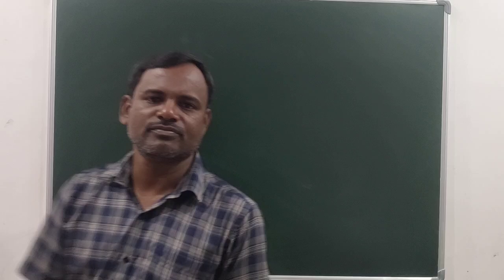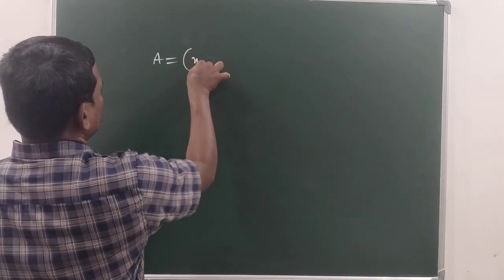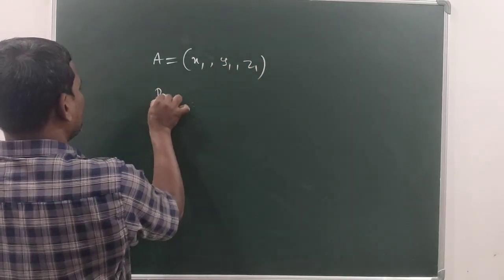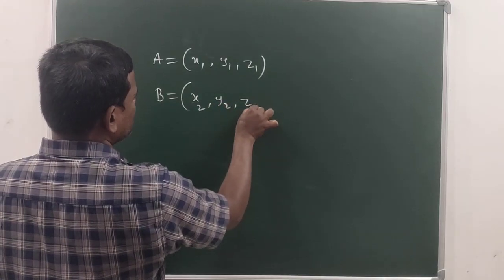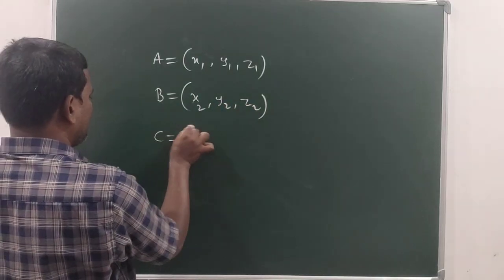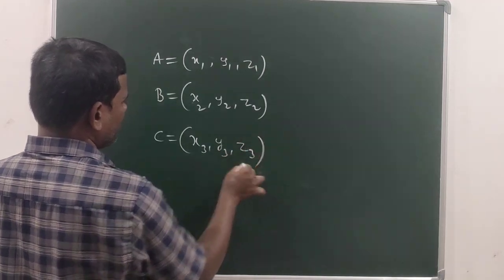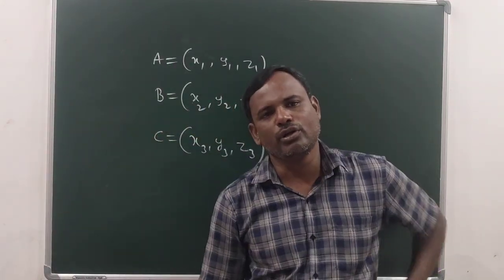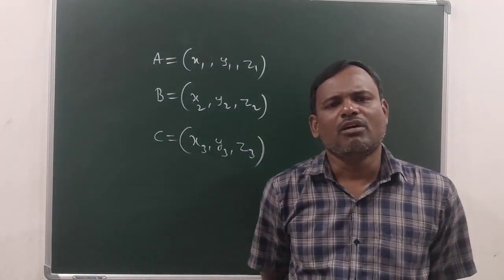How do you say? 3 points are given, like A, whose coordinates x1, y1, z1, and B coordinates x2, y2, z2, and C coordinates x3, y3, z3. Whether these 3 points are collinear or not. How do you say? Same like in 2D. How did you check?